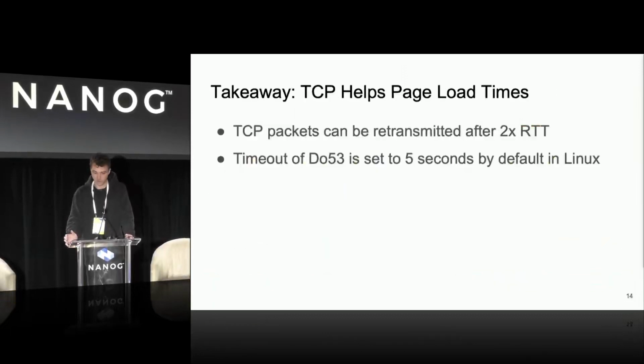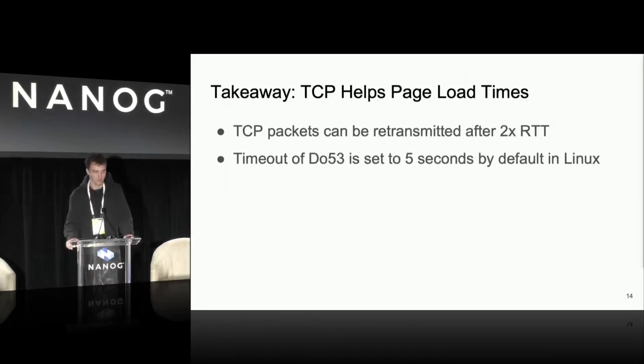We weren't sure how we got to this, but the most likely explanation we've come to is that it might be retransmission times with TCP compared to UDP. The TCP packets could be retransmitted within 2 round trip times, whereas for DoH53, the timeout is set to 5 seconds by default in Linux with resolv.conf.